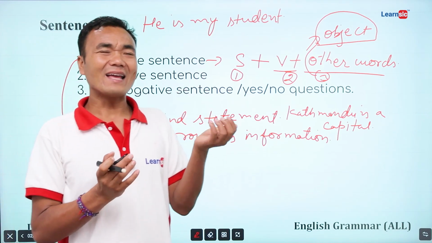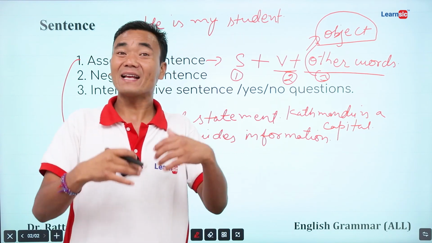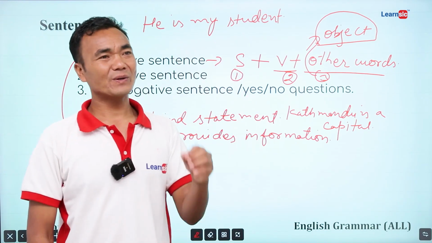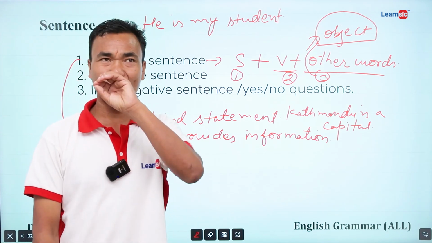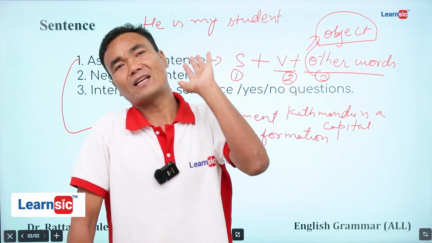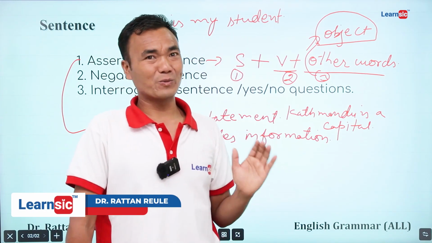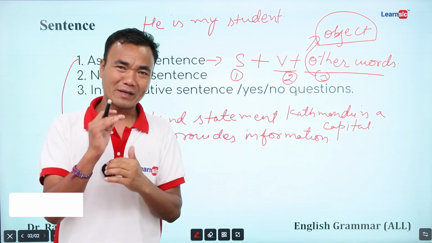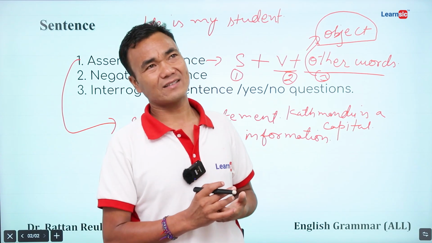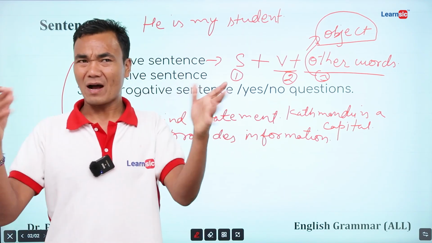Here I just provide information. All assertive sentences just provide us information. The major function and main role of assertive sentences is that they deliver and pass information.